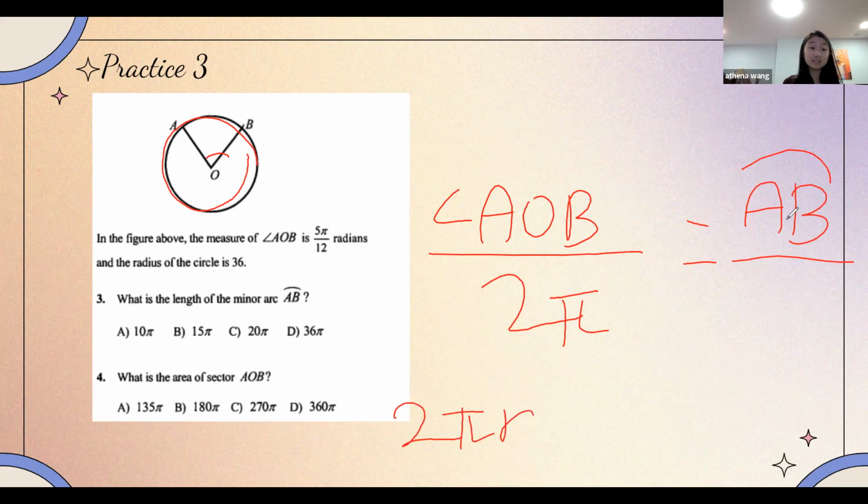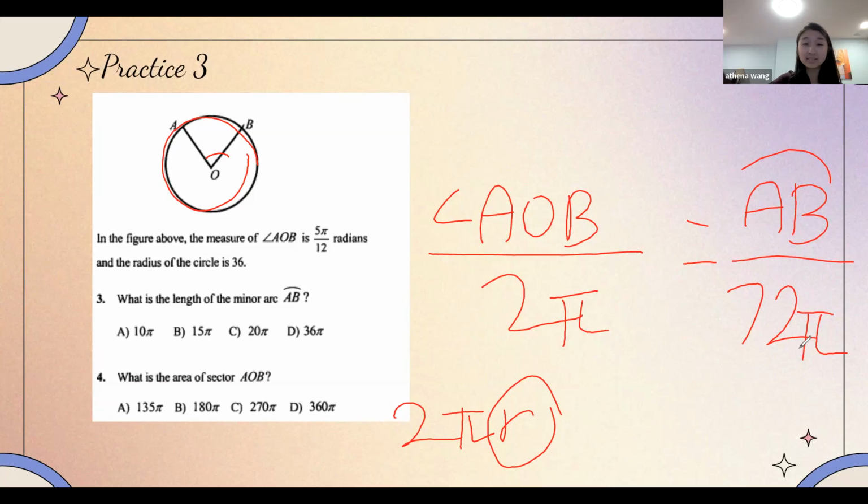So since the radius, or r, is 36, the circumference of the circle is 72 pi.